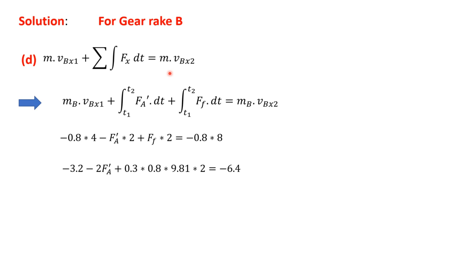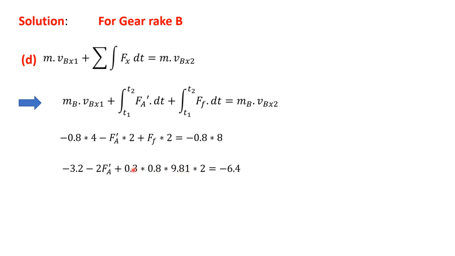You can see that we choose that the FF is equal to 0.3, which is the coefficient of friction, multiplied by the mass, because we can find that sigma of the forces in the y direction for this rake is equal to 0, and thus the normal force is equal to the weight. Okay, so the weight is 0.8 multiplied by 9.81.